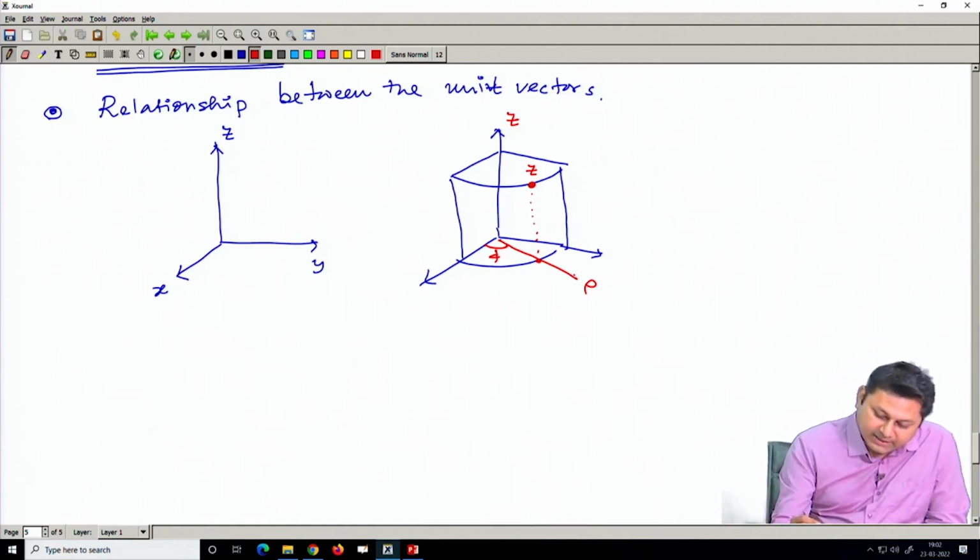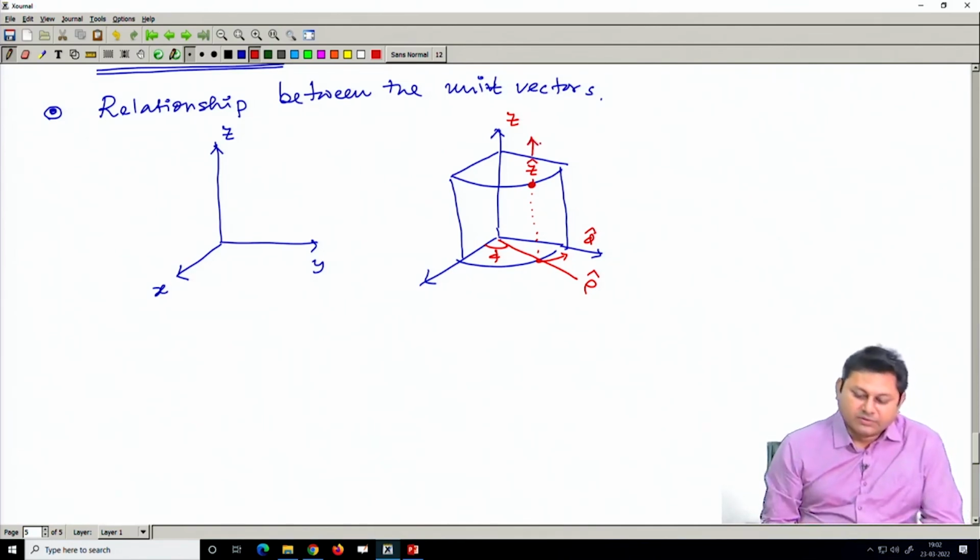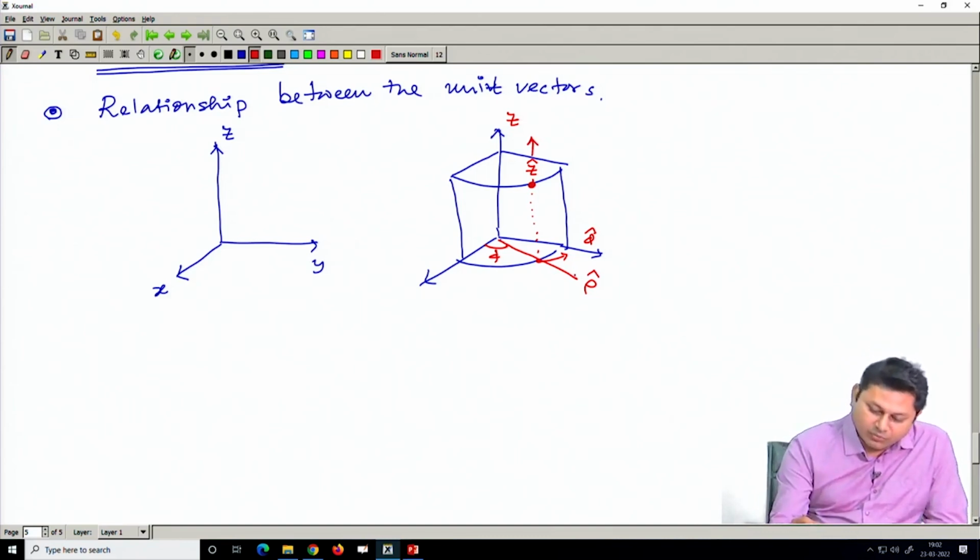Now, the unit vector along this direction is the rho unit vector. The phi is this direction, the phi unit vector along the tangential direction, and along this direction I have the z unit vector. So, the direction of rho, phi, z is defined here.